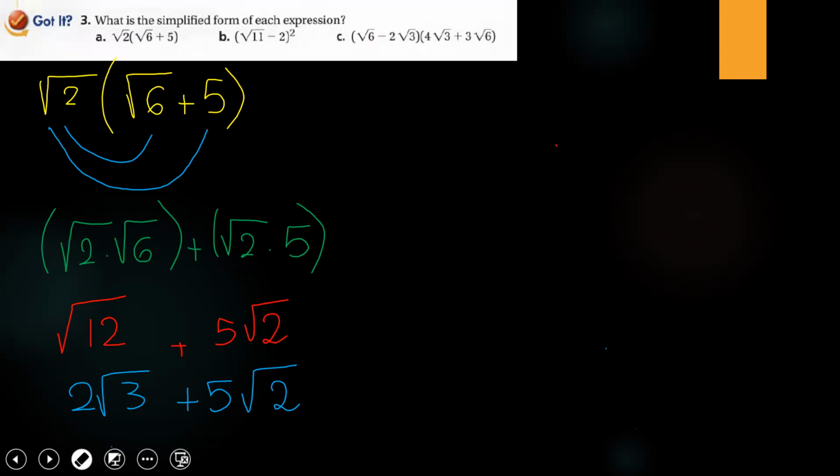Let's do B now. In B here, we have square root of 11 minus 2, squared. Do you remember when we say we have x minus 2 squared?